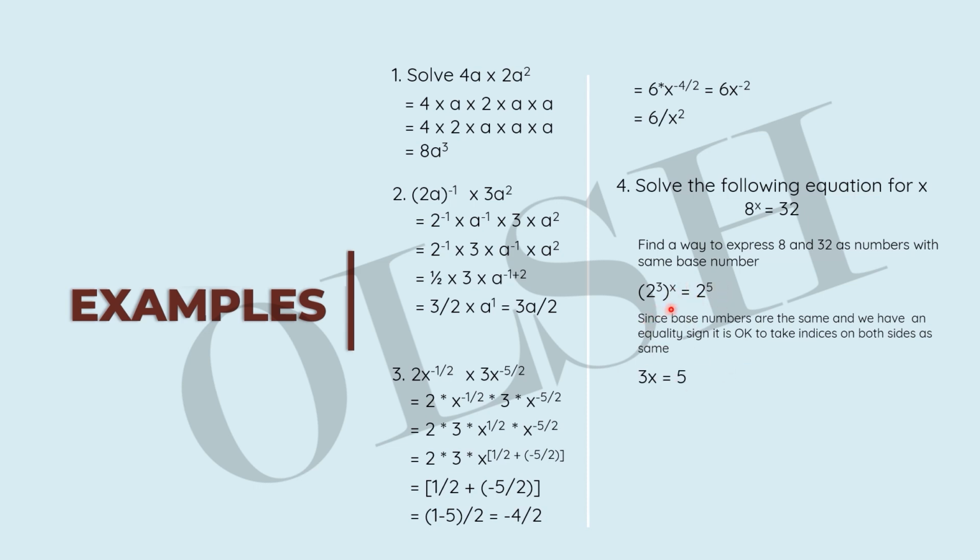Therefore we can say 3x is equal to 5. If we divide both sides by 3, we get 3x divided by 3 equal to 5 divided by 3, and the 3 on the left hand side cancels out, because 3 divided by 3 gives us 1. So we have 1x equal to 5 over 3, which is the same as x equal to 5 over 3.